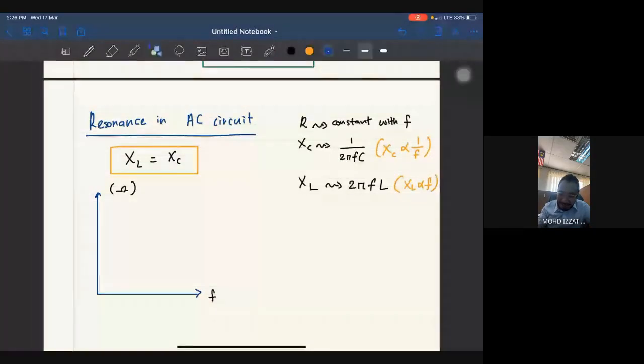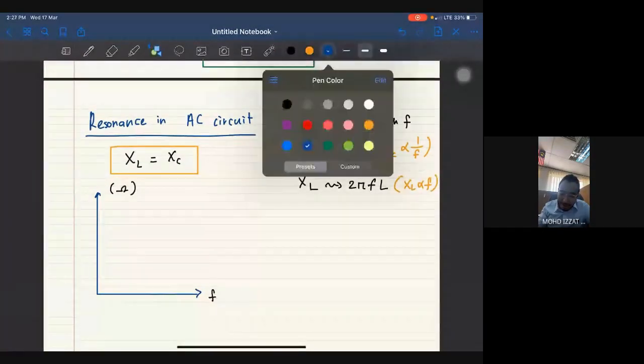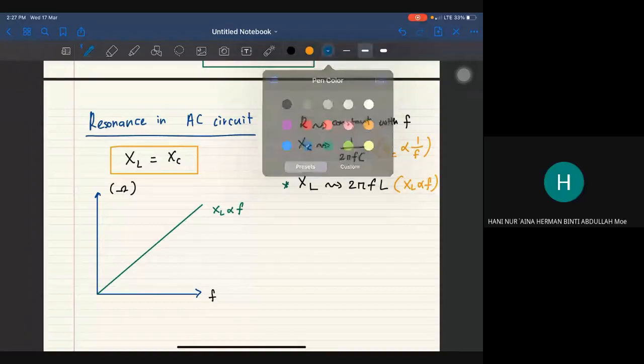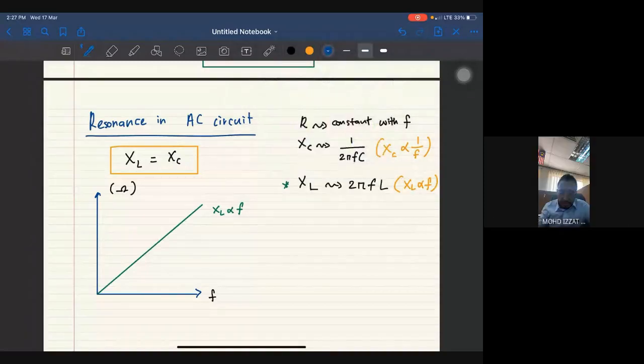It's a linear graph. So maybe I can write this one in green color. So it is actually a straight graph like that. So this agrees with the relation of XL directly proportional to F. Okay. How about my XC? What is the shape of my graph? A curve, sir. Okay, very good.